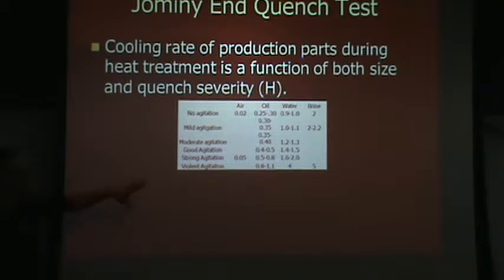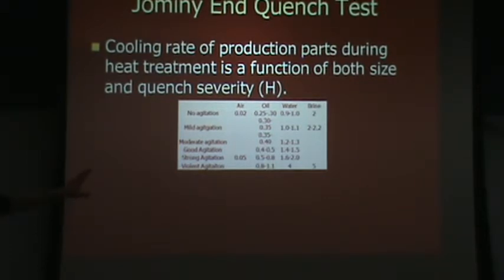What we're leading up to is combining the H value and the geometry information to allow us to predict what's going to happen with a specific piece of steel where we know the composition, how it's going to behave in heat treat before we actually get there. And I'll show you how that all happens in a few minutes.